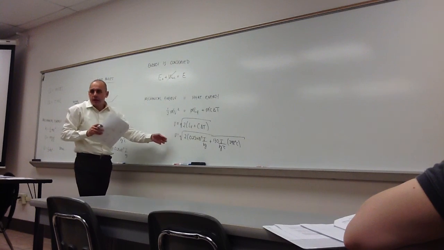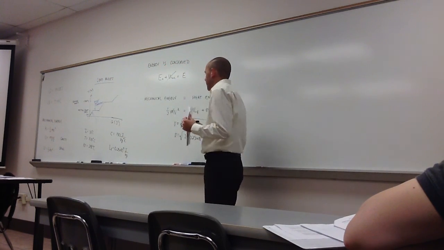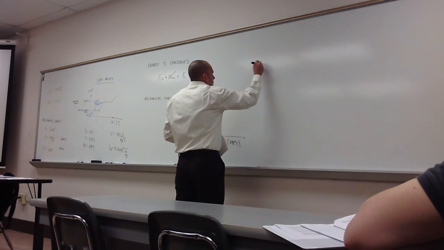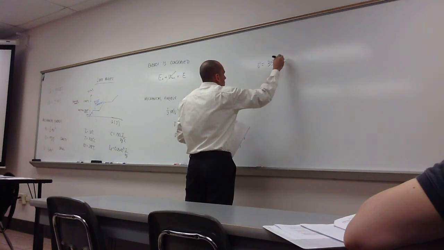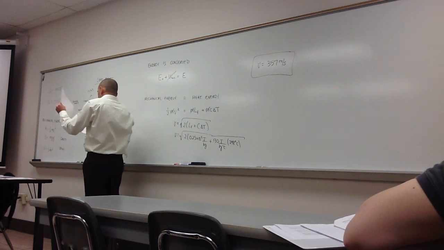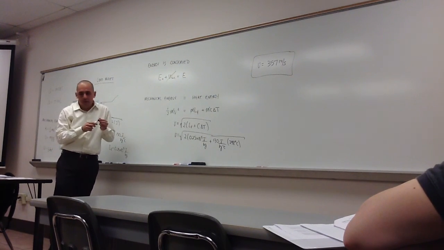Do you think this number is going to be big or small for the speed of a bullet? Big. Something not 5 meters per second, right? Something that would be logical here for the speed of a bullet. You get 357 here for that speed.